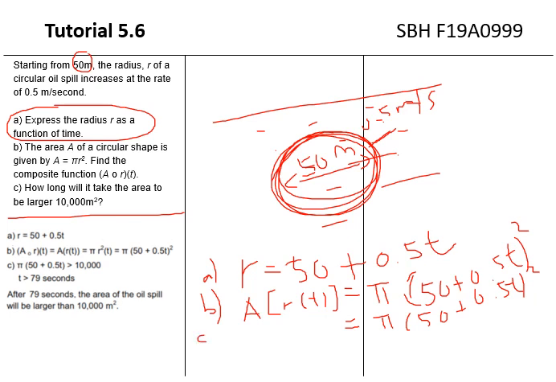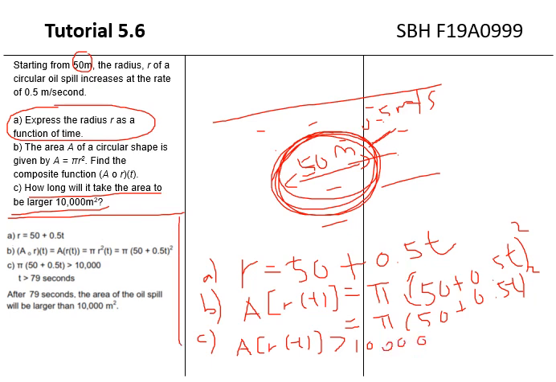And part C: how long does it take for the area to be larger than 10,000 meters squared? This means A(r(t)) is greater than 10,000.